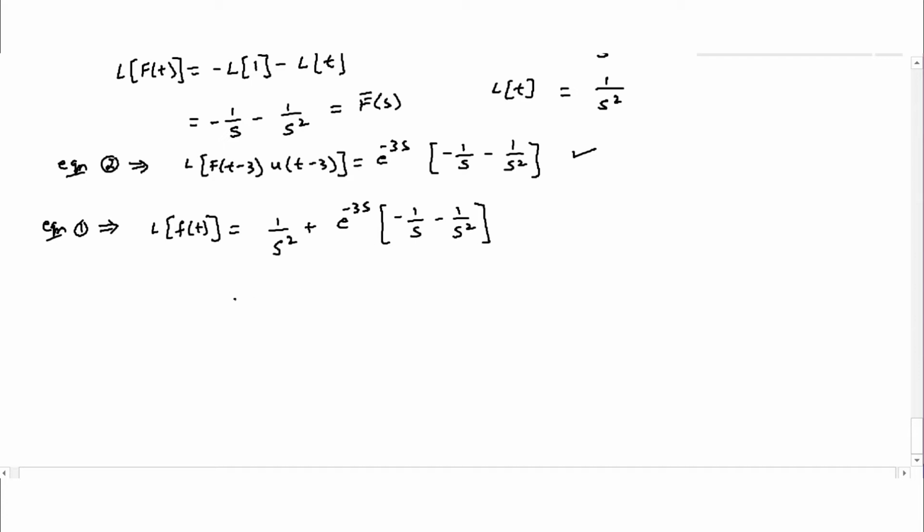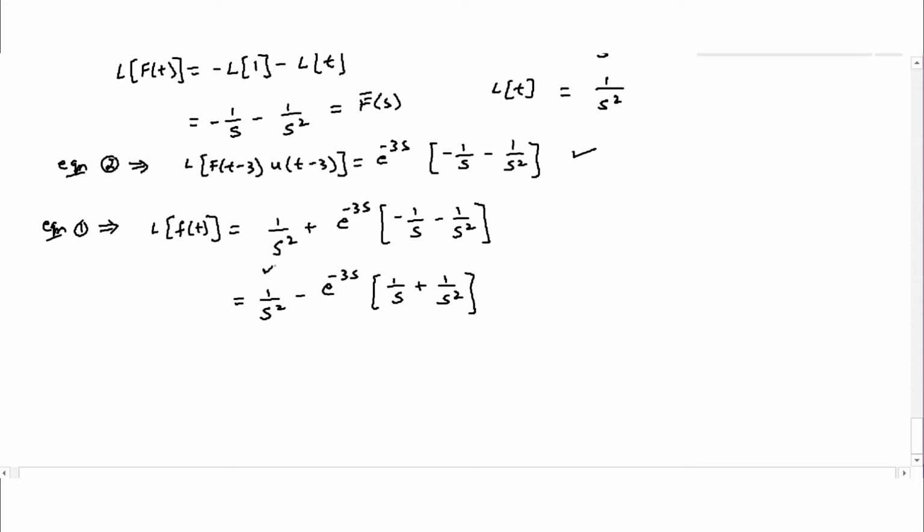Or if I take the negative sign outside, I can rewrite this as 1 by s square, positive into negative will be negative, e power of minus 3s into 1 by s plus 1 by s square.